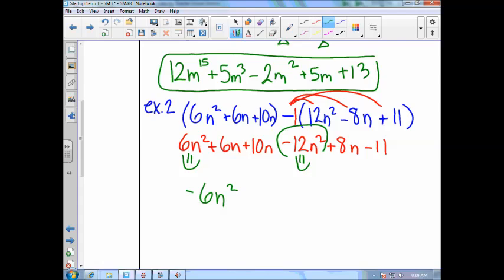Lacey, are there any other like terms? Look carefully, there are. 6n. What's the like term with 6n? What else just has an n? 10n. And what? Good, so she's called.